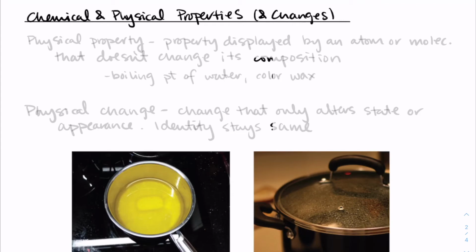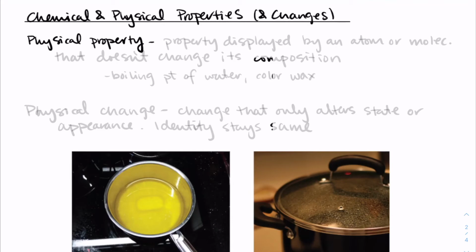But if we have something applied to a chemical, you can see the before and after, you have a description of the before and after, you will be able to describe if it is a physical property, a physical change, a chemical property, a chemical change.